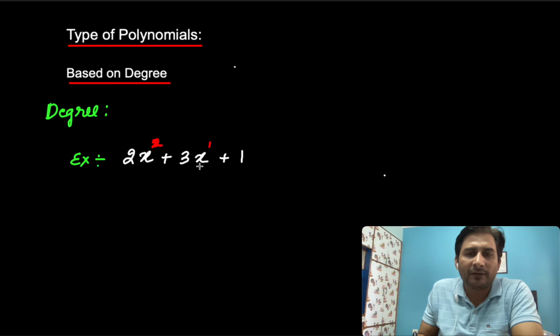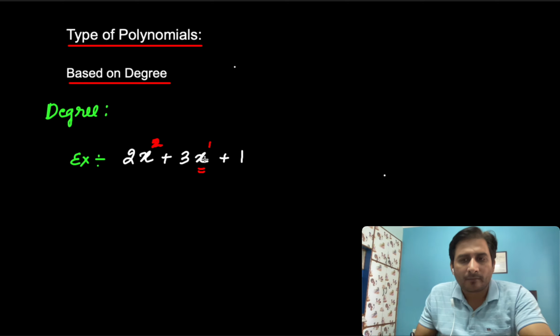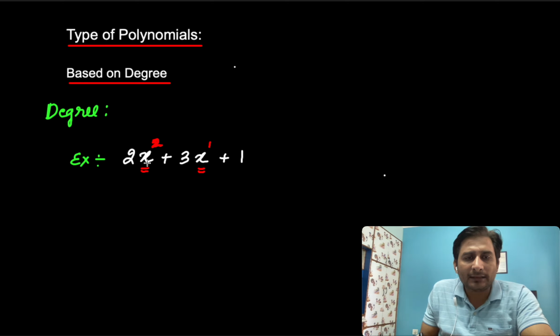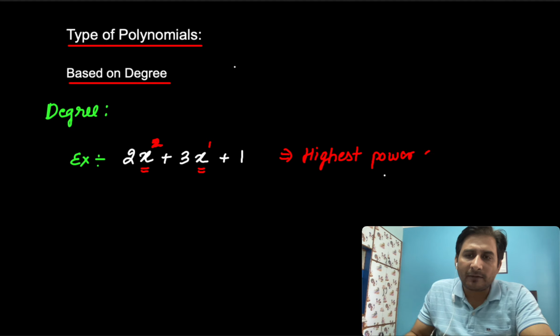The power of x here is 2, right? So what is the highest power in this case? 2. Yes, right. The highest power of x, and x is called the variable here. The highest power of the variable is equal to 2 in this case.